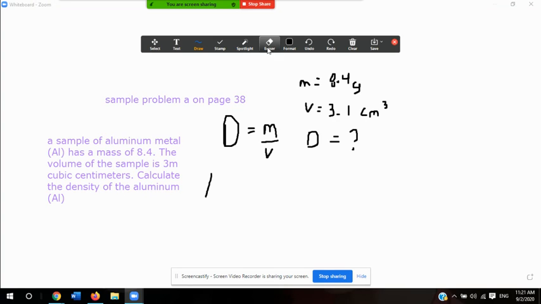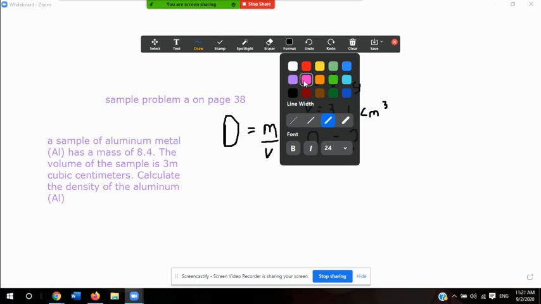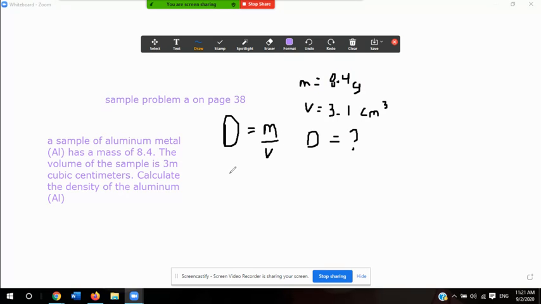Let me use a different color because this is the part where I'm actually going to solve the problem. I'm going to use blue. So now I'm actually doing the problem. D, which is what I'm looking for, is M over V, and I have the mass, which is 8.4.